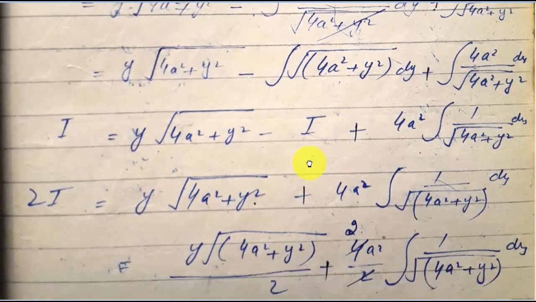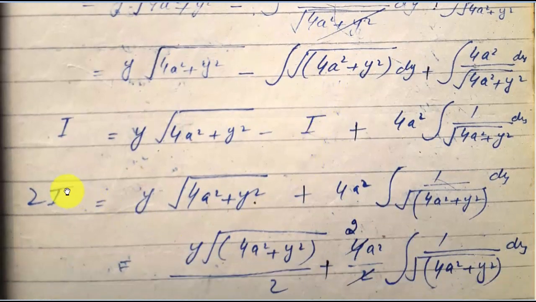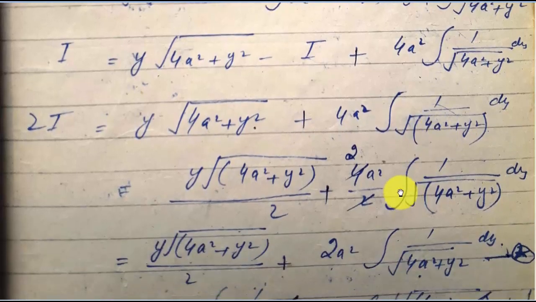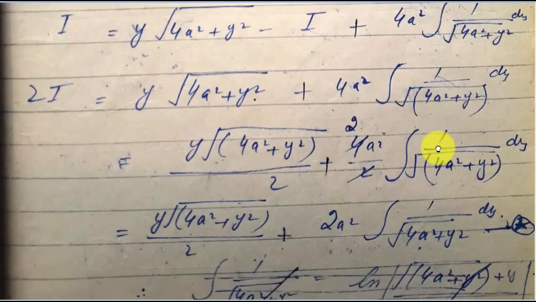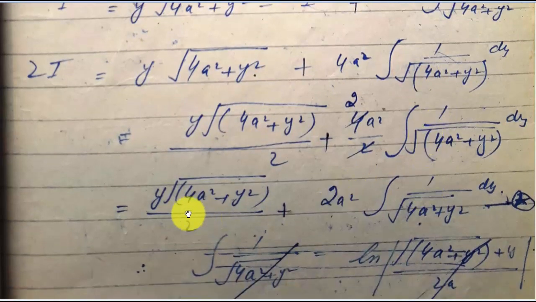So shifting this I to the other side, I plus I will be 2I equal to y into the square root of 4a square plus y square plus 4a square times the log term. Now dividing by 2 on both sides, I is equal to y into the square root of 4a square plus y square over 2 plus 2a square.